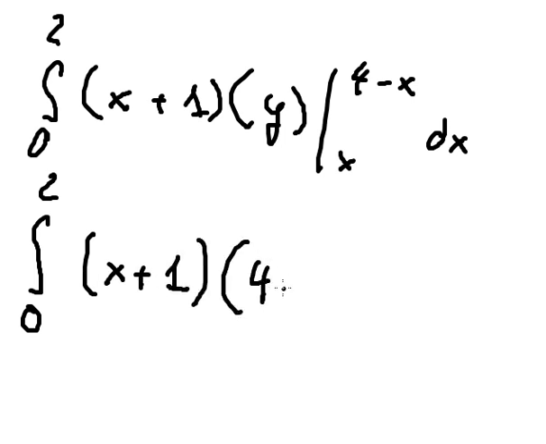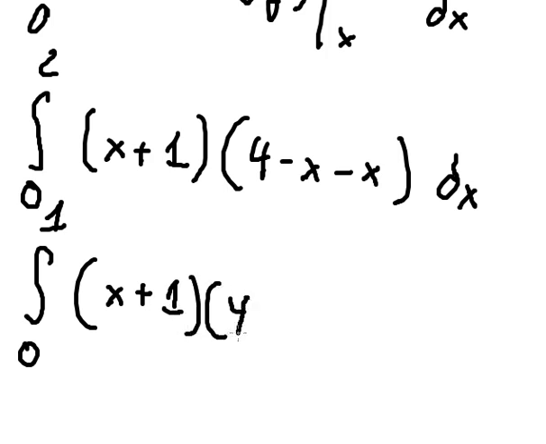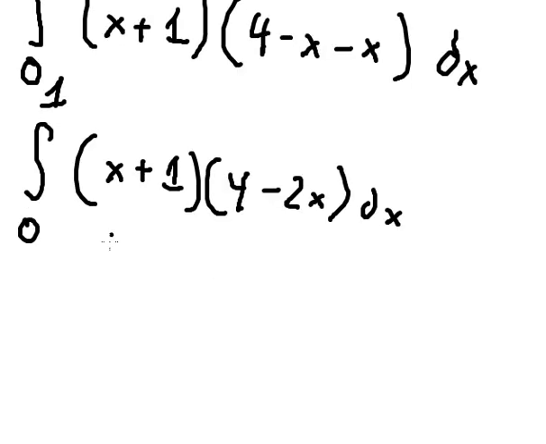So we have 4 minus x minus x. That means 4 minus x minus x. So this one we have 4 minus 2x. And now we need to expand this one.